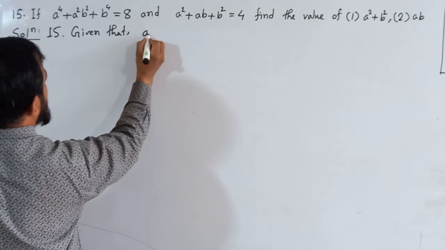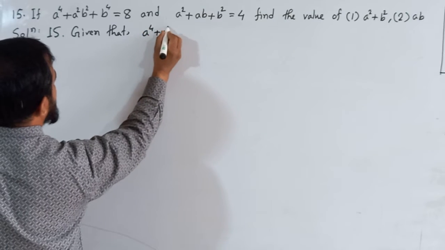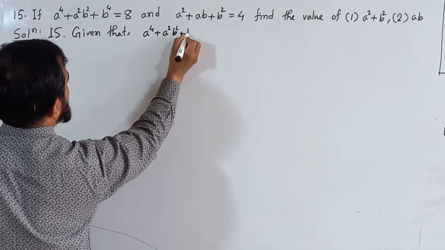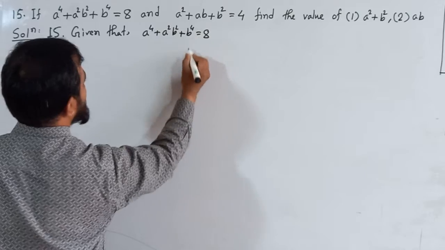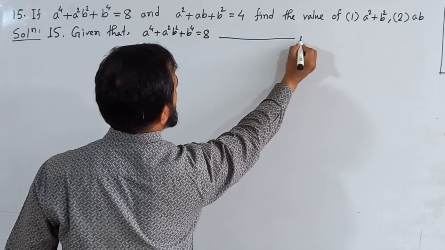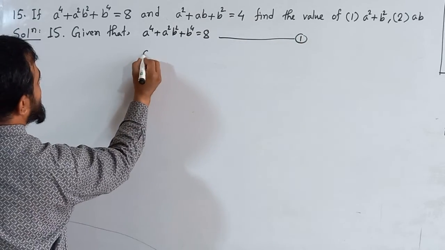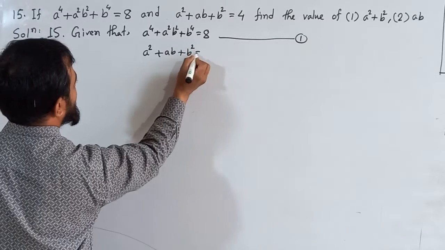It is given that a to the power 4 plus a squared b squared plus b to the power 4 equals 8. Suppose this is our equation number 1, and a squared plus ab plus b squared equals 4.